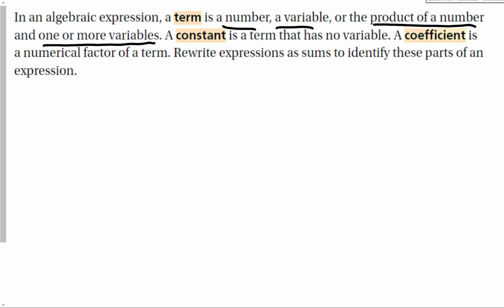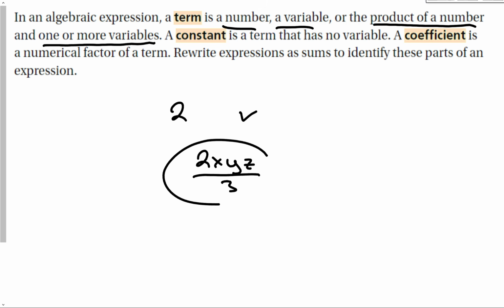So that covers a lot of things. And product could also mean division, because dividing by 3 is just like multiplying by a fraction. So this is all one term.